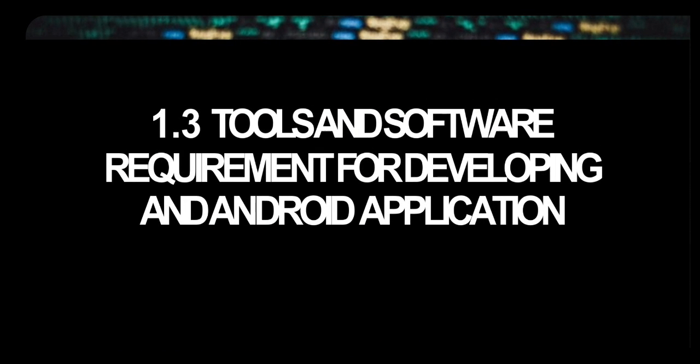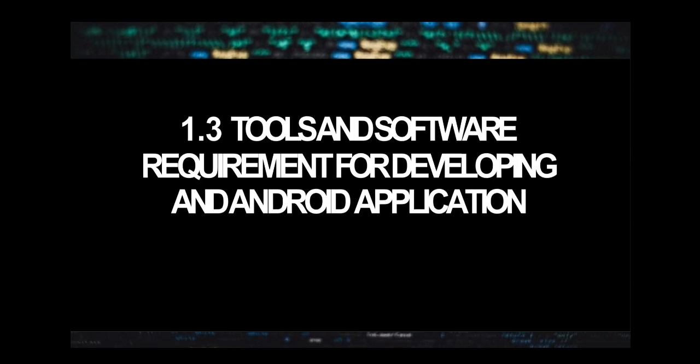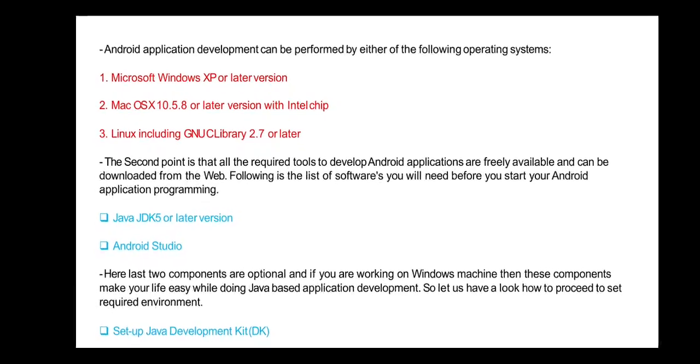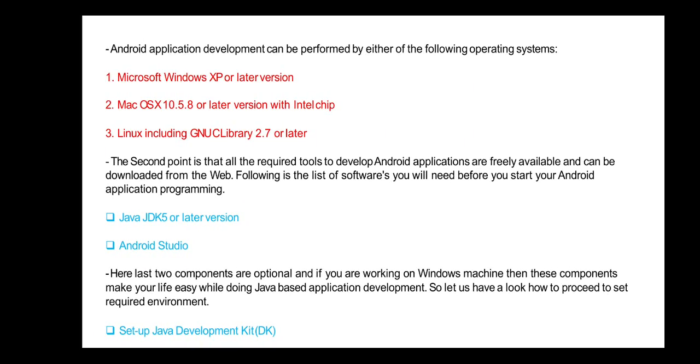Next point is tools and software requirements for developing Android applications. Android application development can be performed on any of the following operating systems: Microsoft Windows XP, Mac OS and Linux, including GNU libraries 2.7 or later.